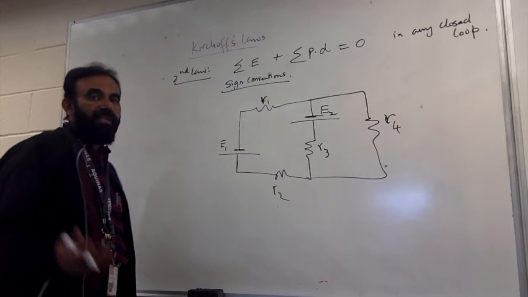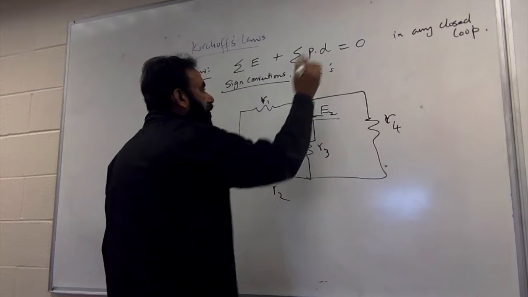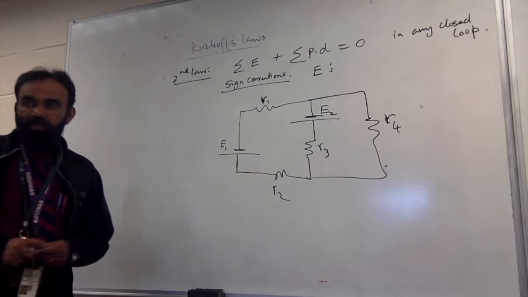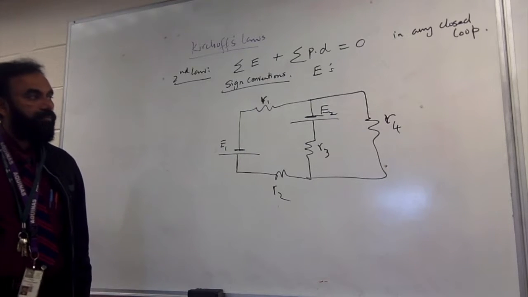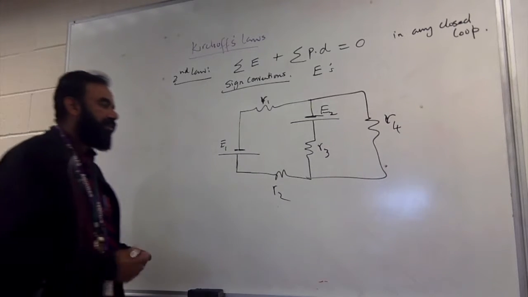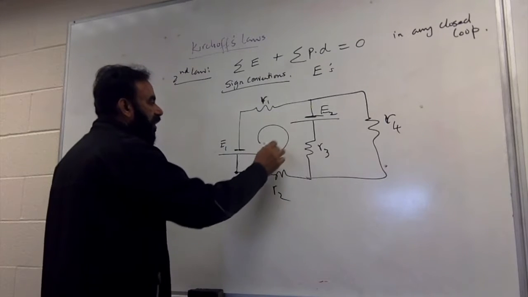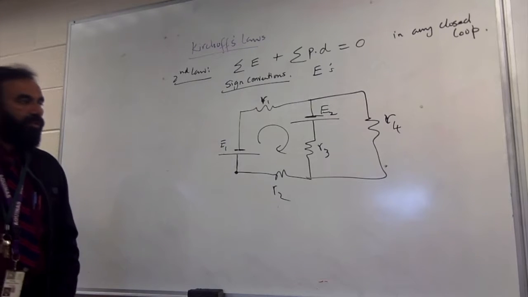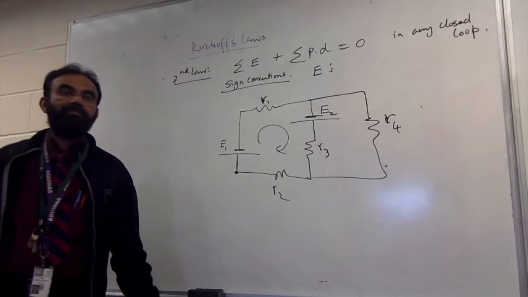When you're searching for EMFs, first of all, how do you search? You've got to go around this loop in any direction you choose. So if you decide to go, say, clockwise, starting from here, then to search for EMFs, you don't need to know which way the currents are going in the circuit at all.